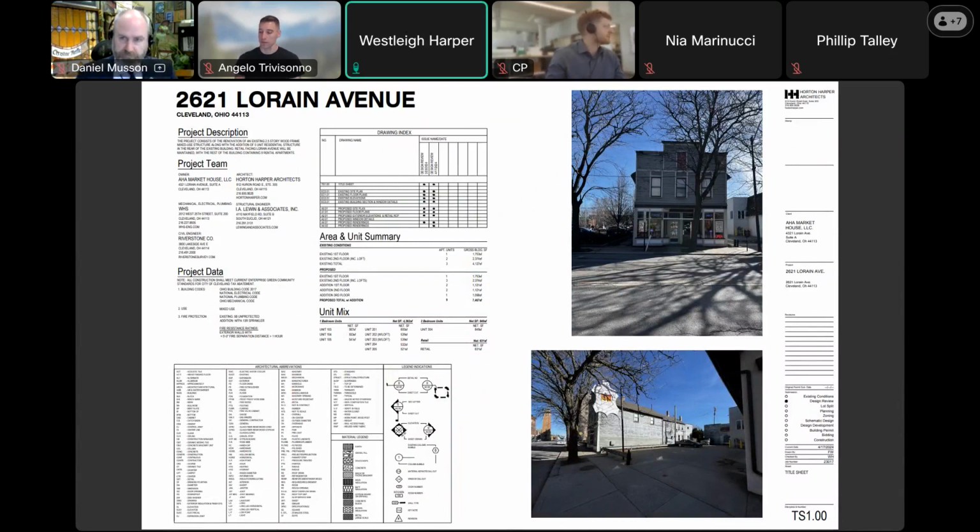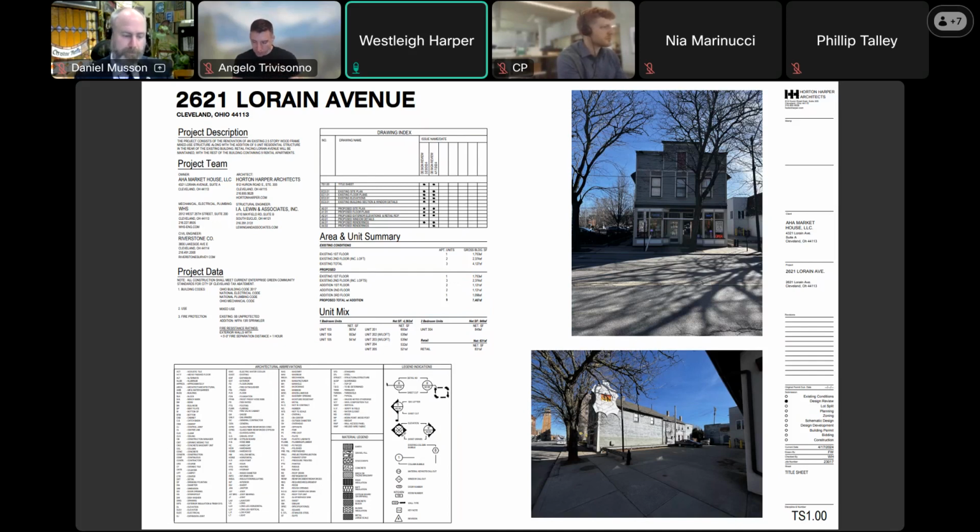We're going to be looking at 2621 Lorraine Avenue, which is an existing two-story structure with a partial area of loft space on the third floor. The first floor is a retail space that's currently a tarot card business, and then an apartment in the rear, and then a couple apartments up on the second floor.